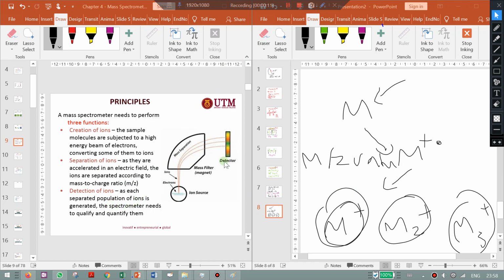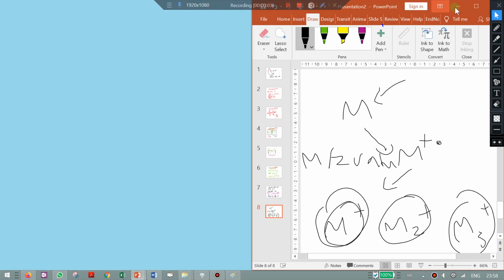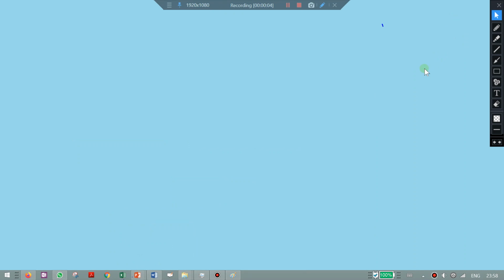From the mass to charge ratio, it refers to that molecular ion. From that, it produces a mass spectrum, we refer to the library, and we see what compound it actually is.